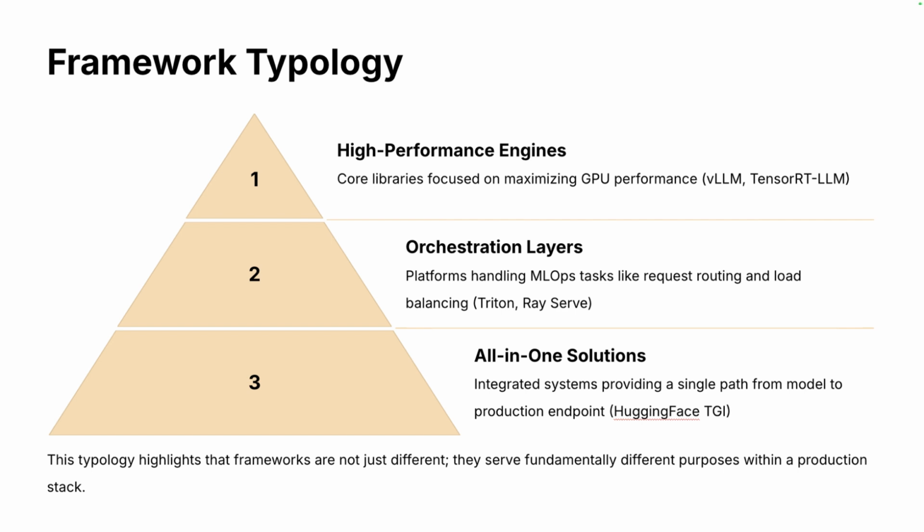These systems aim to simplify the entire deployment pipeline by combining model hosting, inference, and serving into a single platform. They are especially useful for teams that want to get up and running quickly without building the full stack. So the key point here is that these frameworks are not interchangeable. They each target different layers of the infrastructure, and understanding their role helps you build a more efficient and maintainable system.